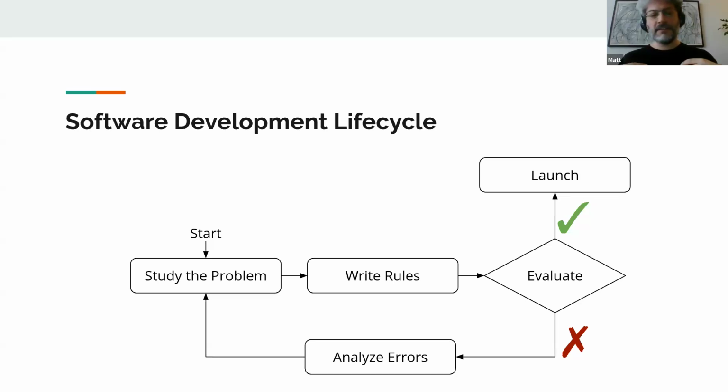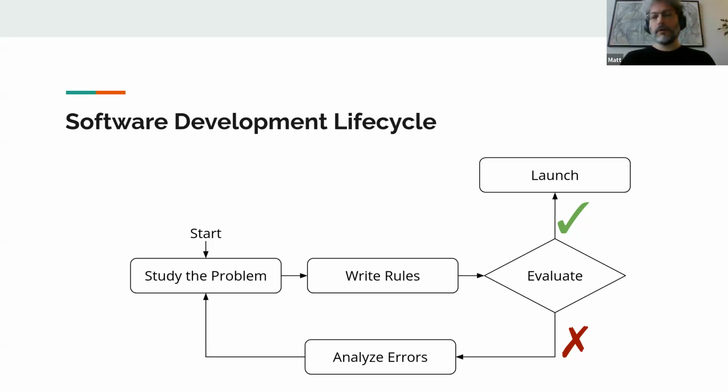You tend to approach problems by studying a problem, and I'm using this abstraction of writing rules. Essentially, that's what writing a program is. You're stating a bunch of things you want to happen or conditions that need to be met. By accumulating a set of rules, you can come up with a program that accomplishes a particular task. When you're done, you evaluate it, and either it works and you launch it, or you find that it has made mistakes.